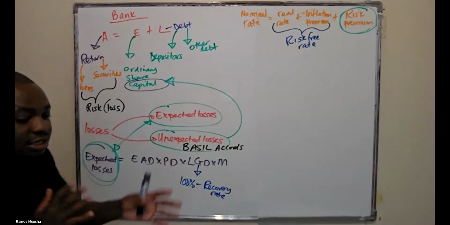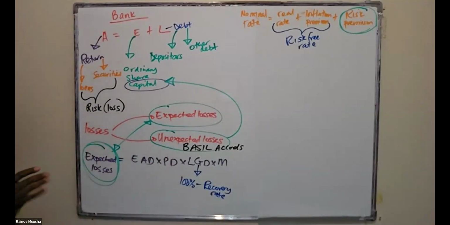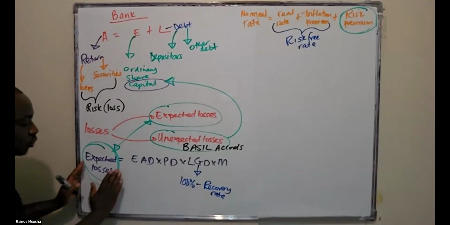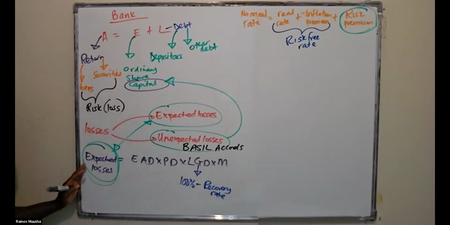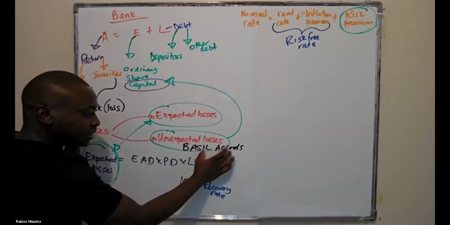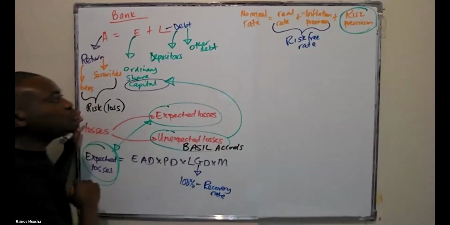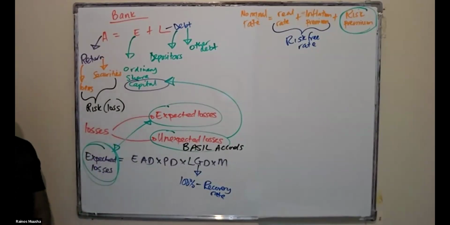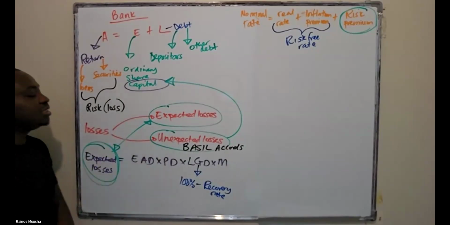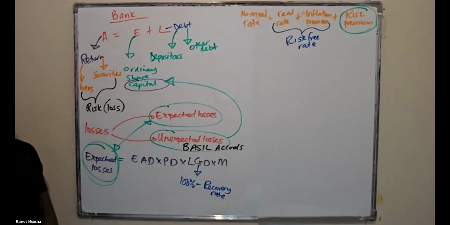Now do you see where everything falls into place when it comes to the issue of losses? Here, we are being introduced to the expected losses. Later on in the chapters, we are also going to look at how we cater for unexpected losses by ensuring we have enough capital within the bank.